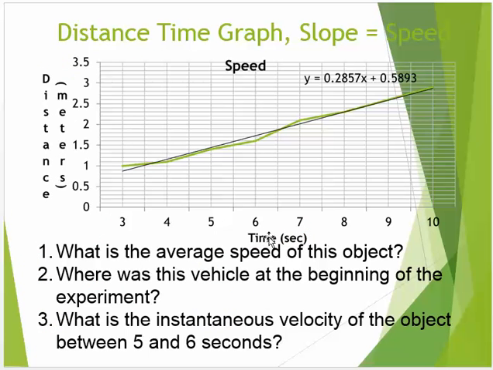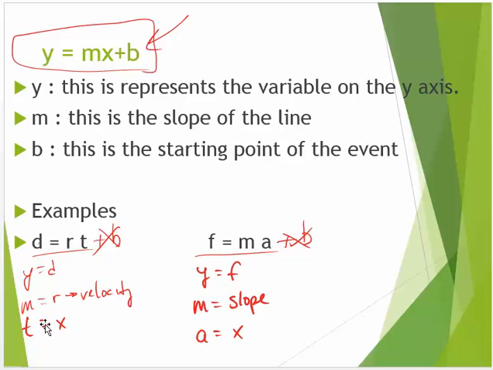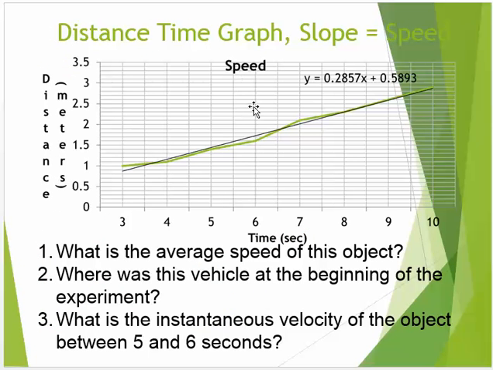If we look down here, we've got time on the x-axis. And then what does that leave us with then? Well, the slope has to be the velocity. That's what we're saying here. This slope of the best fit line or the trend line represented here by 0.2857 is indeed the velocity.